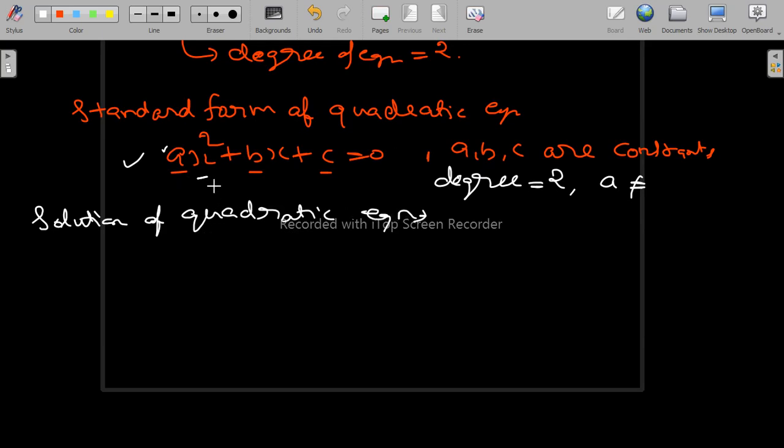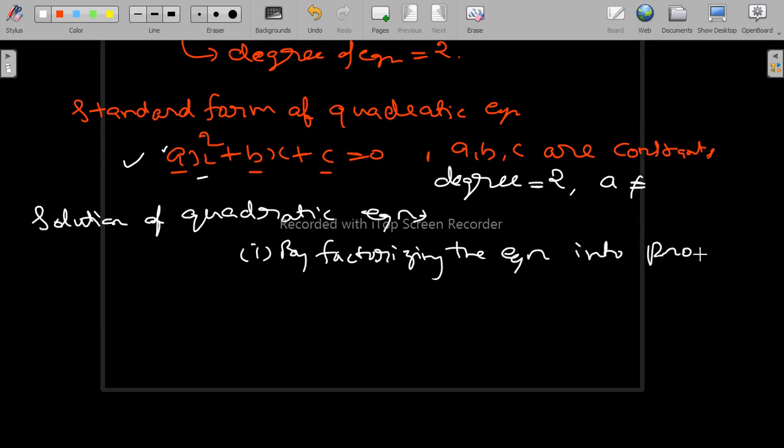If we want to find the solution of a quadratic equation, there are basically two methods. The first method is by factorizing the equation into a product of linear factors.